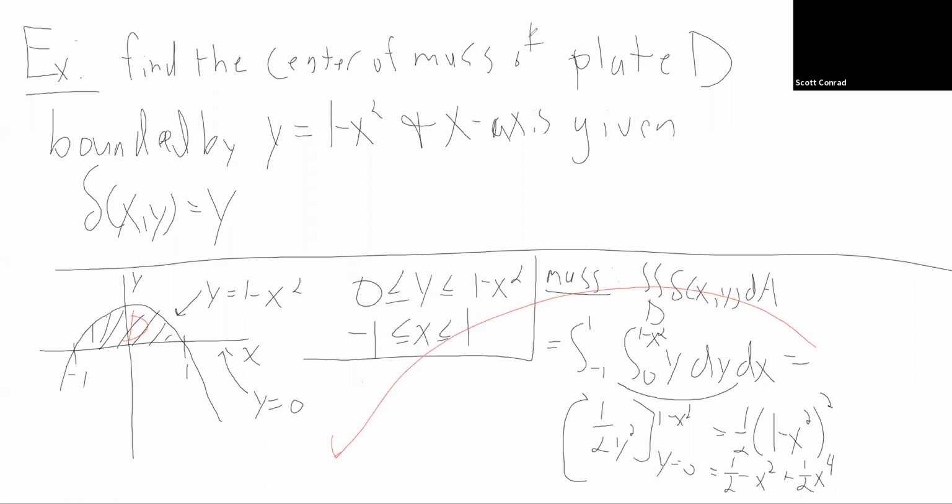And so plugging that into the outer integral, the integral for x from -1 to 1 of 1/2 minus x squared plus 1/2 x to the 4.